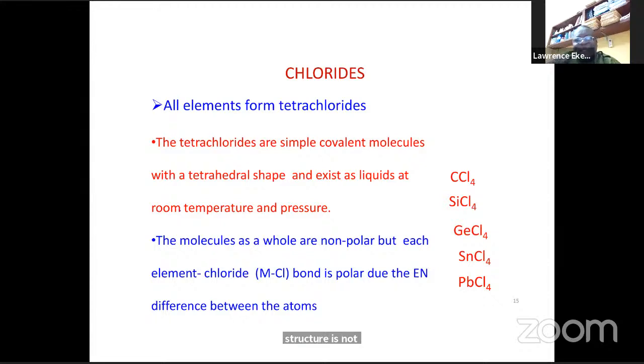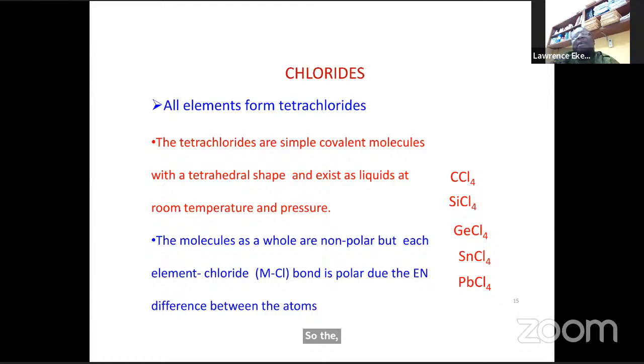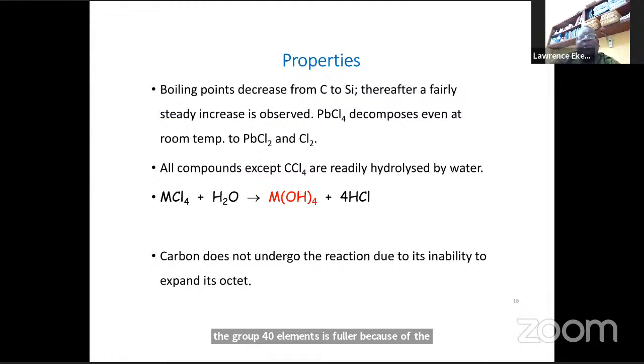It's because of the difference in electronegativity between carbon and chlorine, or between silicon and chlorine, or germanium and chlorine. So the bond between chlorine and any of the group 14 elements is polar because of the difference in electronegativity, but the entire structure is non-polar.